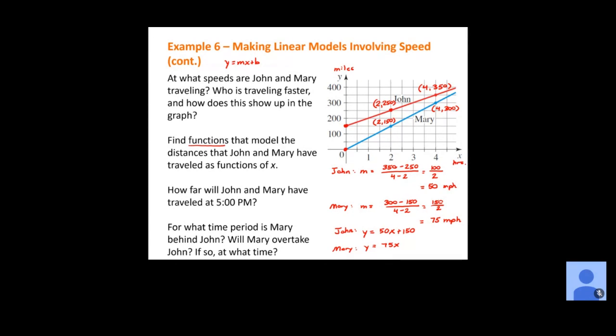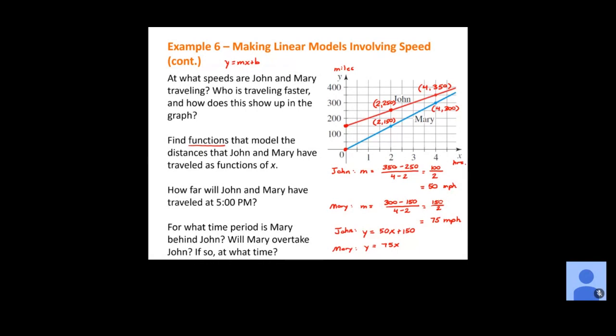All right, so now we want to actually use those equations to answer these last two questions. So we want to say, how far will John and Mary have traveled at 5 p.m.? So how are we going to figure out how far John would have traveled at 5 p.m.? Good, right? So we know in this case that our x values represent a number of hours, 0 represents noon, and so 5 p.m. would be an x value of 5.